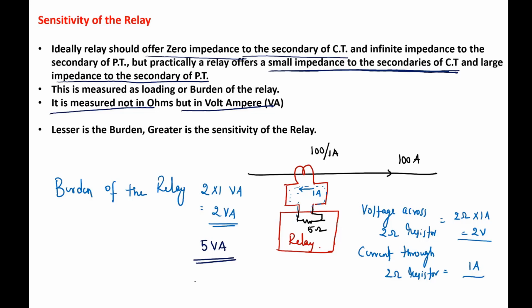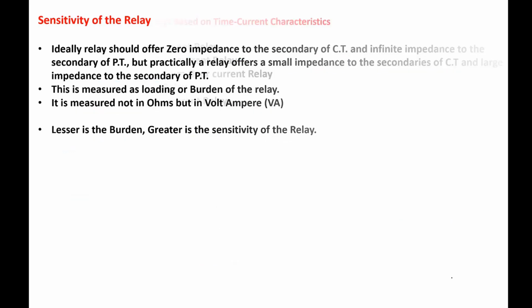So the burden of a relay is always expressed in volt amperes. The important point is: lesser the burden, greater the sensitivity of the relay. Understand? That is about the sensitivity of the relay.